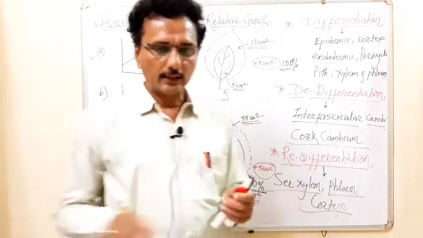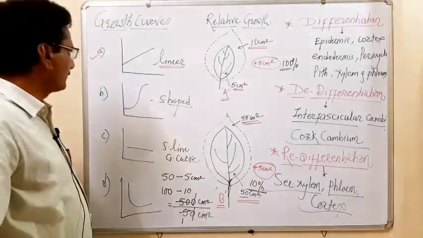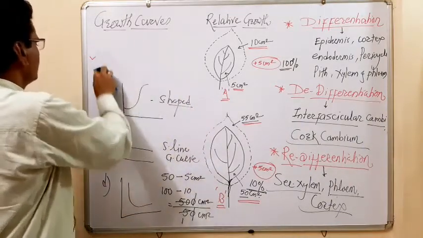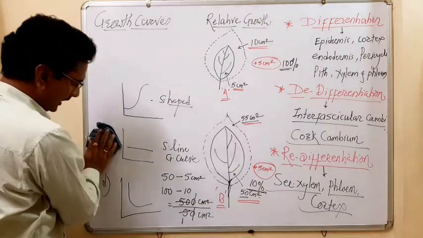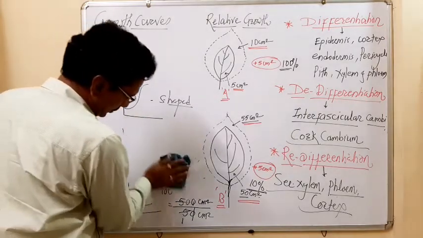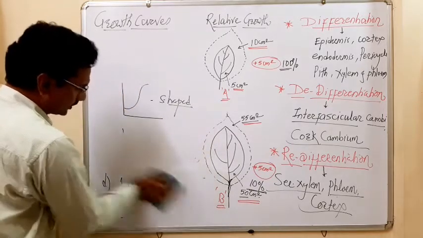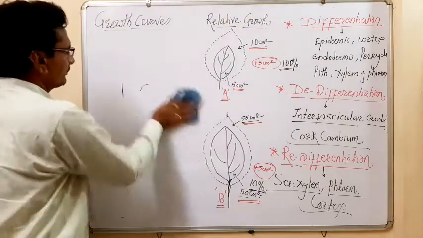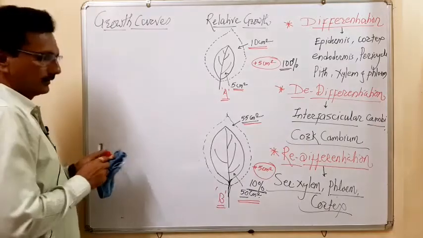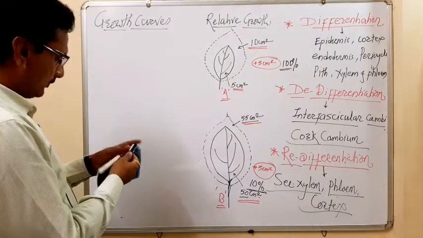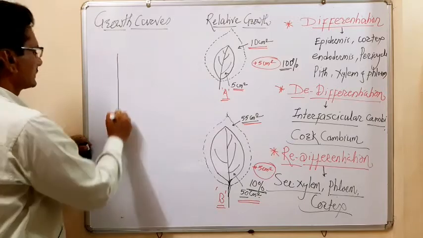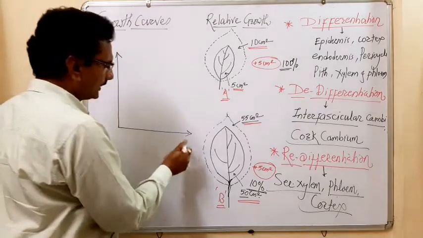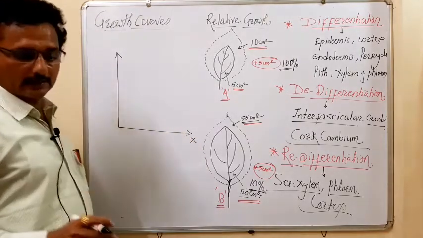For that, students, there is one graphical representation. Whatever graph they have given shows an S-shaped growth curve, and in that S-shaped growth curve they show the sites of growth with the help of letters. Students, what is taken on this x-axis?